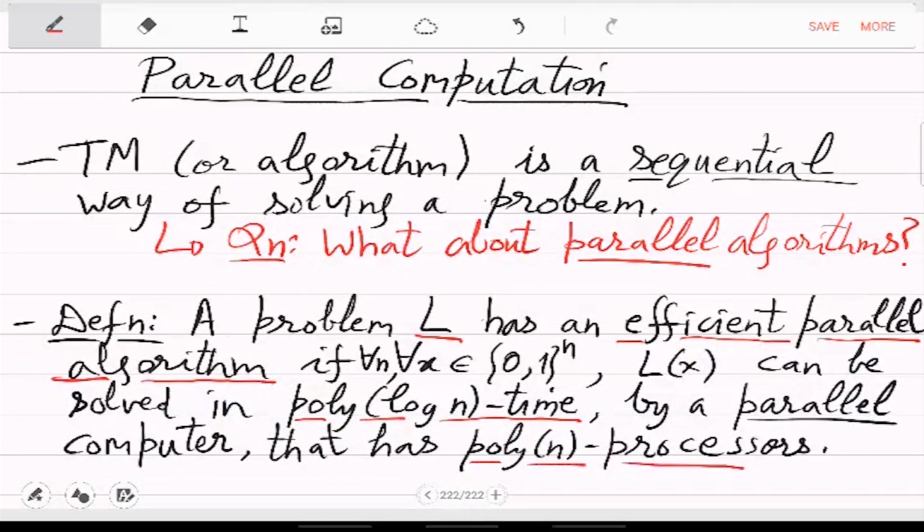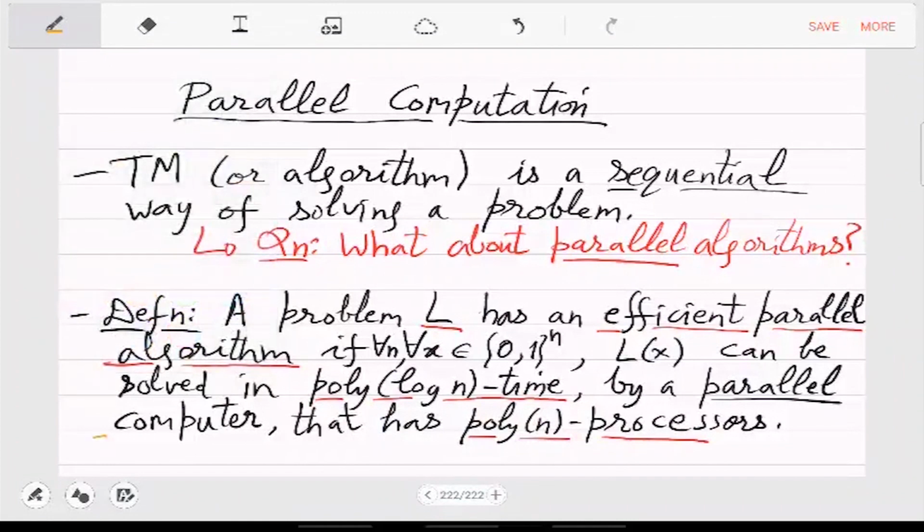So when you talk about parallel computation, you actually want many processors, because one processor can do only one thing at a time, but many processors can do many things. And since you have poly n processors, they can look at different parts of the input. They can overall cover the whole input, and maybe together they can solve it much faster, and this poly log n is much faster.